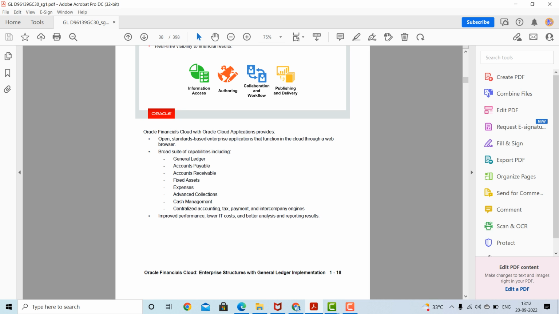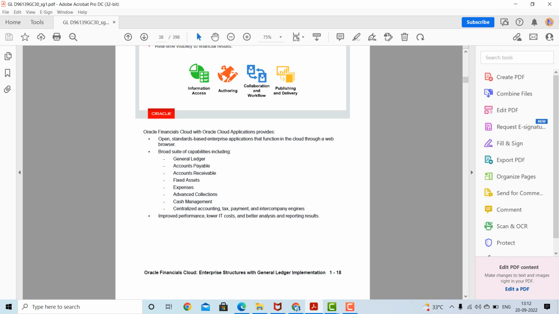Improved performance and lower IT cost with better analysis and reporting results. These are the points where the cloud application provides these features.